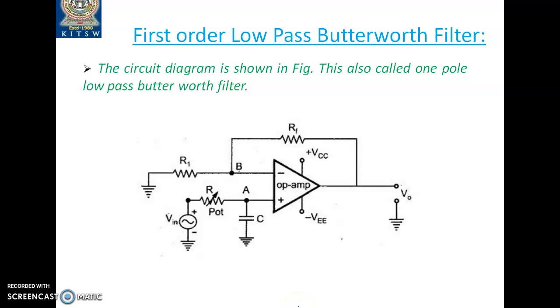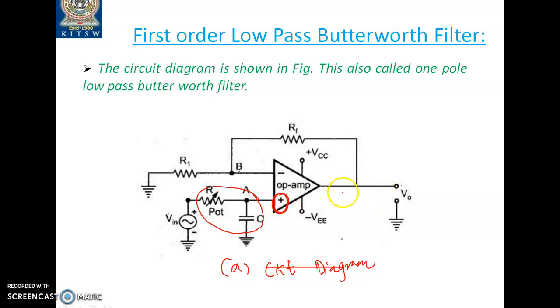All right, so this is the circuit diagram of a first order Butterworth low pass filter. Here you can easily identify what I mentioned in the previous slide. These are the passive components, the R and C pair, connected to the non-inverting input of the operational amplifier.